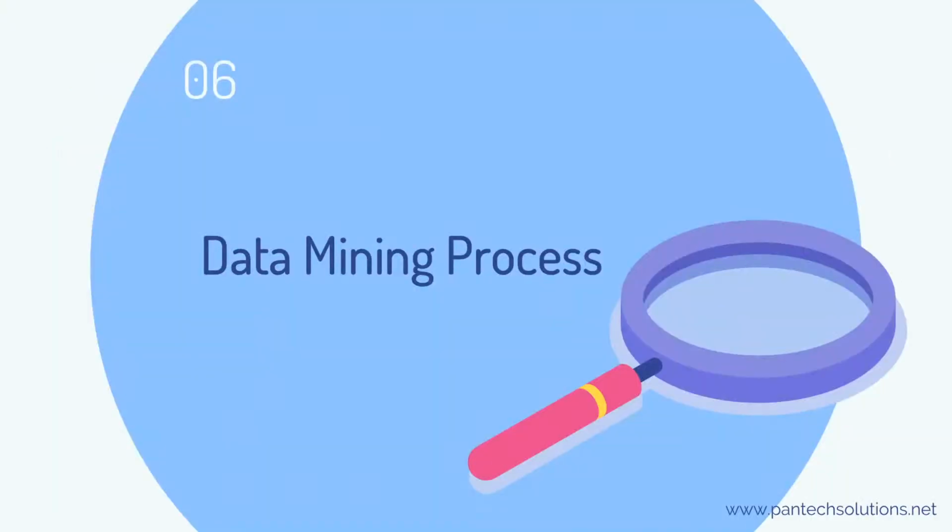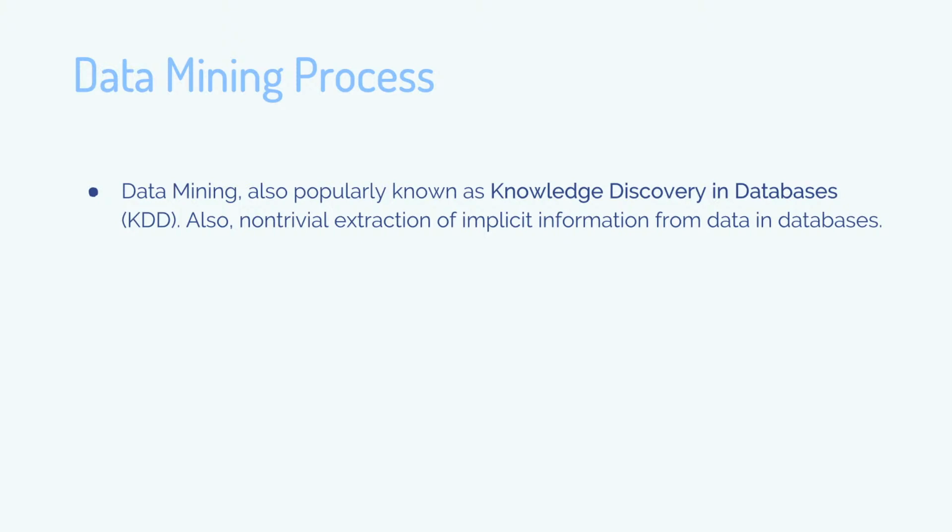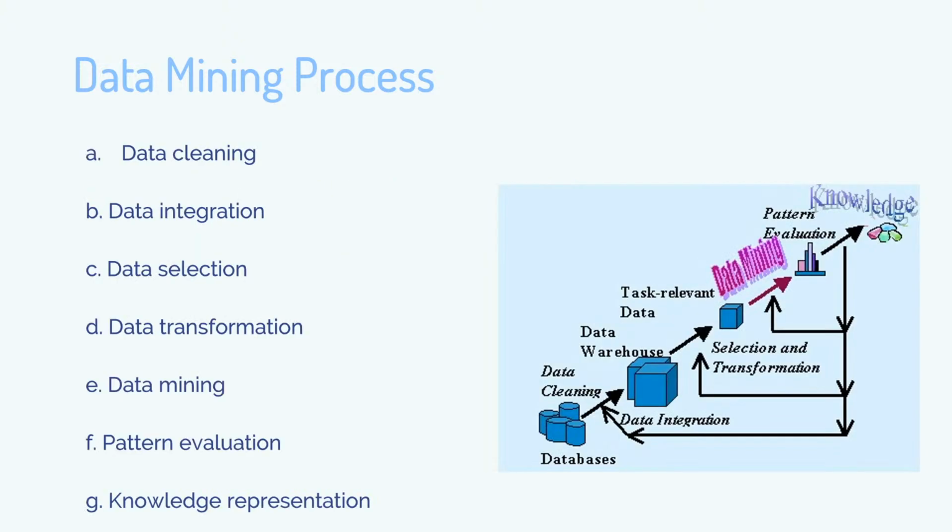Okay, now we come to the data mining processes. If you want to do some processing, we need to apply the data mining technique, that is knowledge discovery in databases. We already discussed this. Here you can see the processes we need to do: data cleaning, integration, selection, transformation, data mining, then pattern evaluation and knowledge representation. If you want to get some knowledge, you need to do the process from starting to ending.